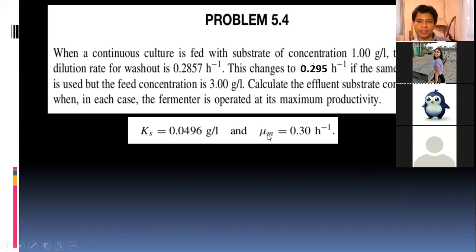Meron naman tayong K sub S at saka mu sub m, tapos meron din tayong S sub O. So pag may D optimum na kayo, just use the dilution rate equation. You'll be able to get S. Ganun lang naman, dalawang equations lang. Imagine nyo how to solve this problem. So we're going to use two equations. The first one is the D optimum equation.